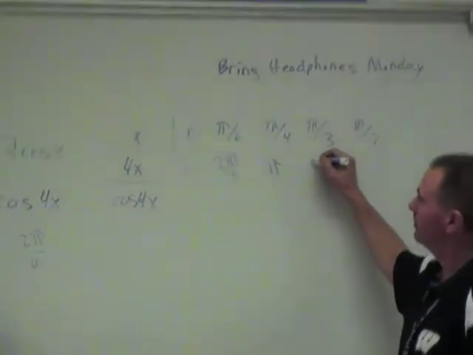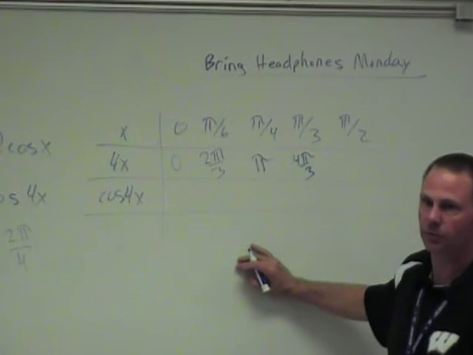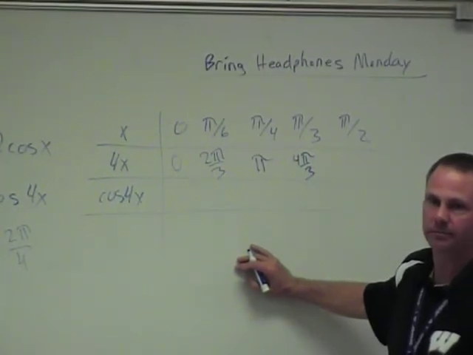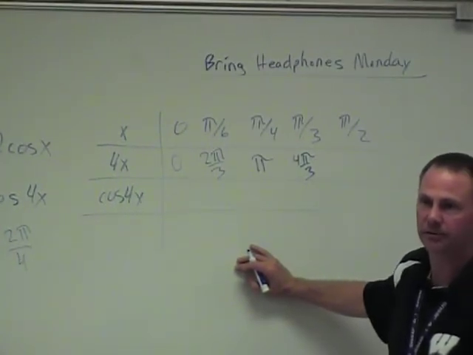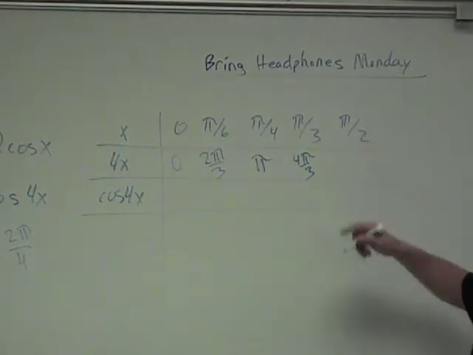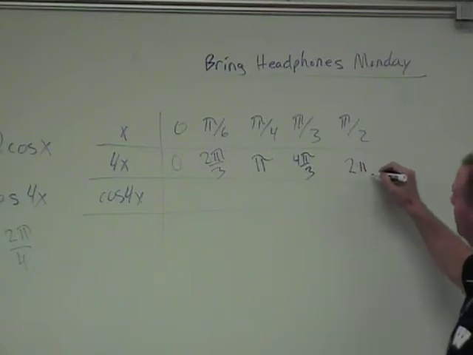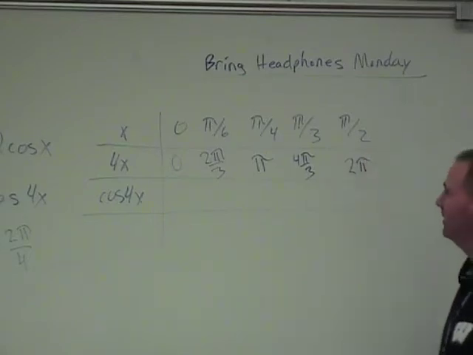Pi. 4 times pi over 3? This is multiplying fractions, people. This is 4th grade. Multiplying fractions. 4 times pi over 2. It's 2 pi.